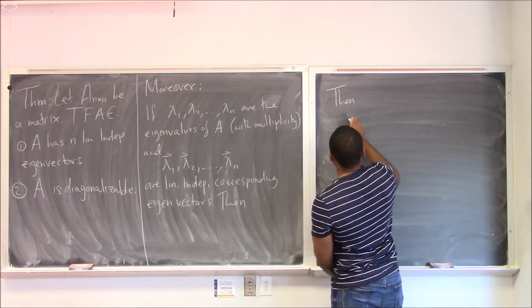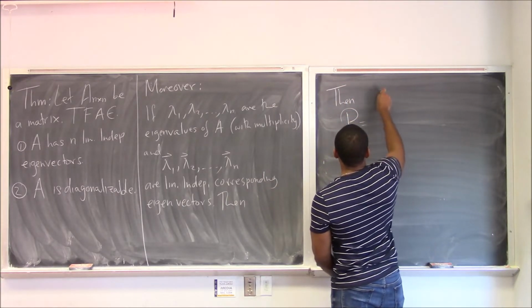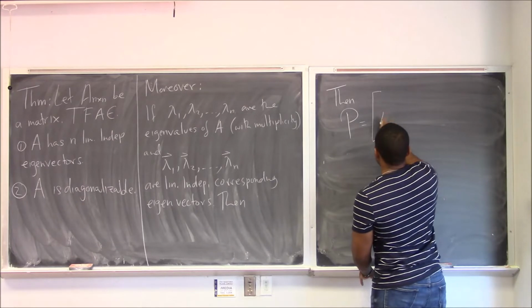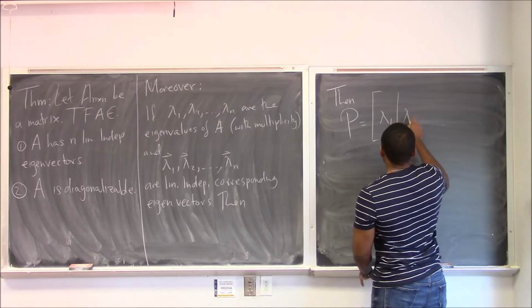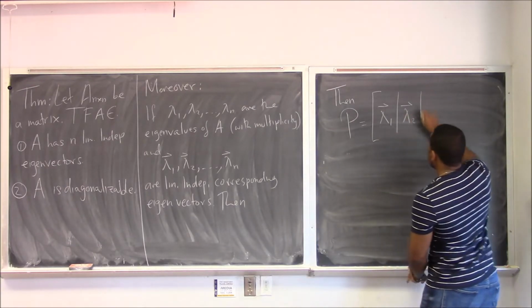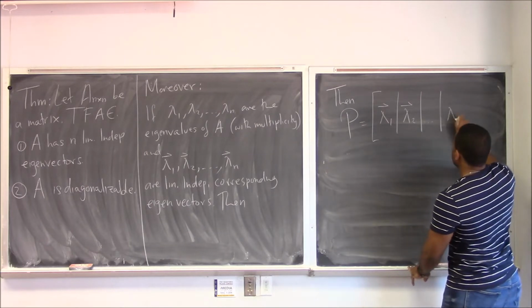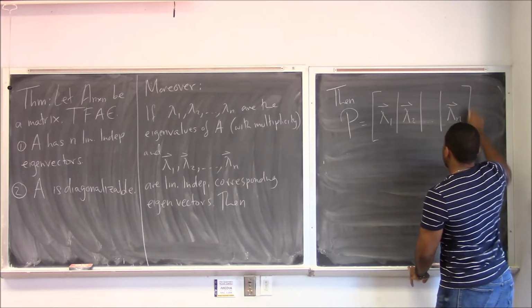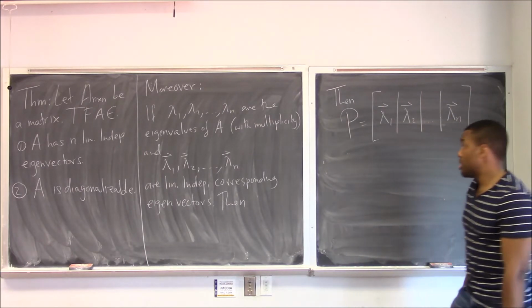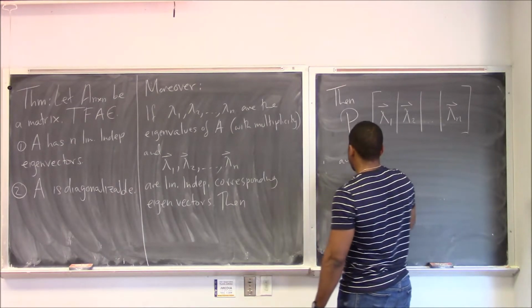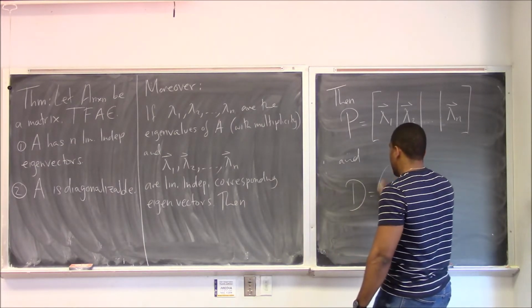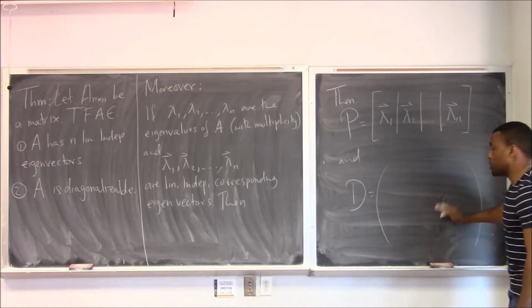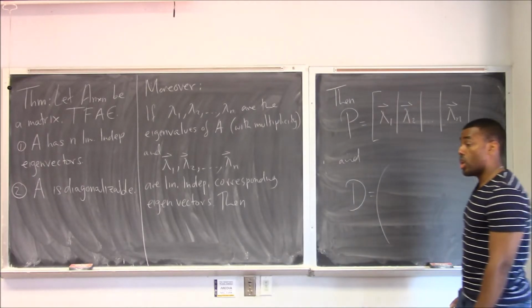Then P equals v1, v2, and so on. Take the eigenvectors and put them as columns in a matrix. That will diagonalize your A. And the result is going to be the corresponding eigenvalues along the main diagonal.